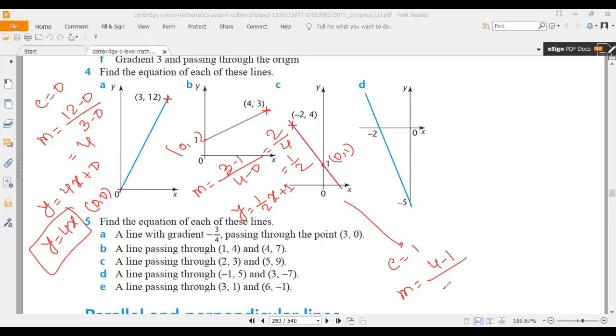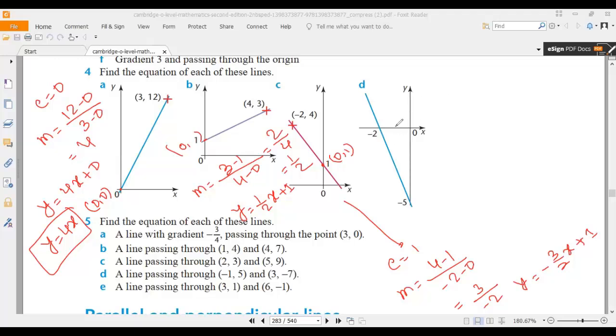That means 4 minus 1 by minus 2 minus 0. So 4 minus 1, that is 3 by minus 2. Okay. So what is the equation? Equation will be y equal to mx plus c. M is minus 3 by 2, then x plus the value of c is 1. Okay. So this is the final answer of this problem.